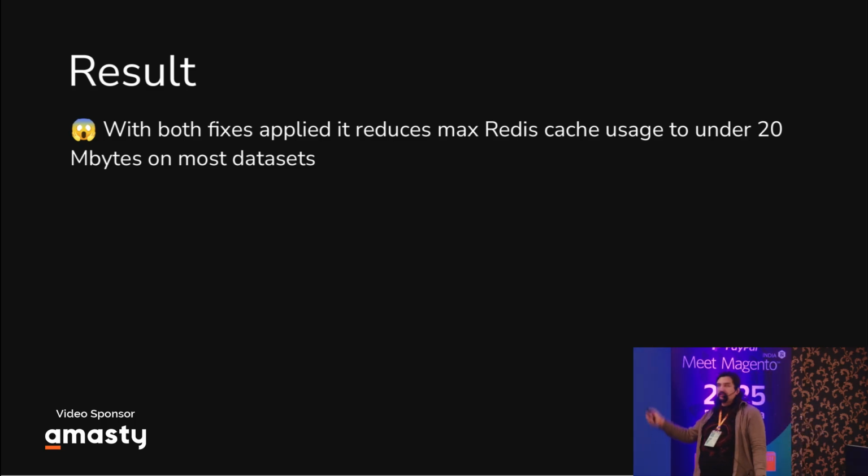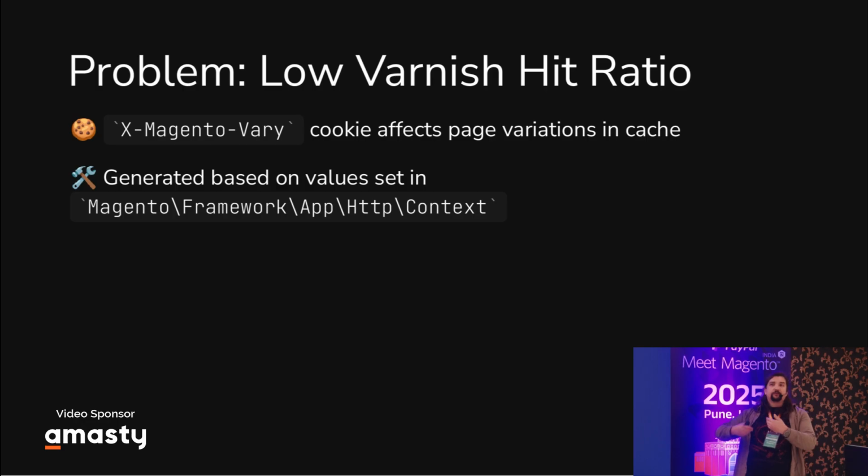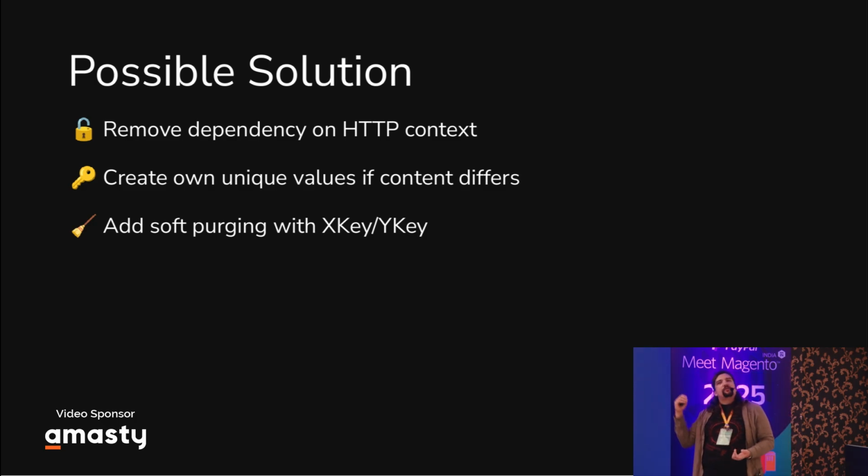You can also remove the dependency on HTTP context and create unique values based on your own cookies, because HTTP context relies on Magento PHP code, and let's say if in JavaScript you decide, hey, I want a different currency being shown, I cannot generate this HTTP context cookie in JavaScript. I have to make a call to the backend. So it's a little bit inefficient. It's better to create your own cookies for those specific cache variations and use them in your Varnish configuration file.